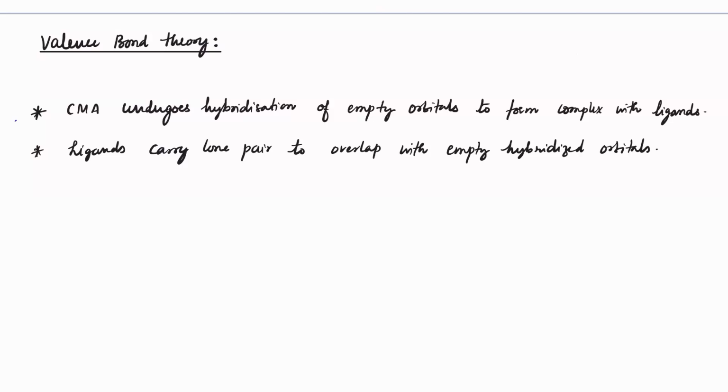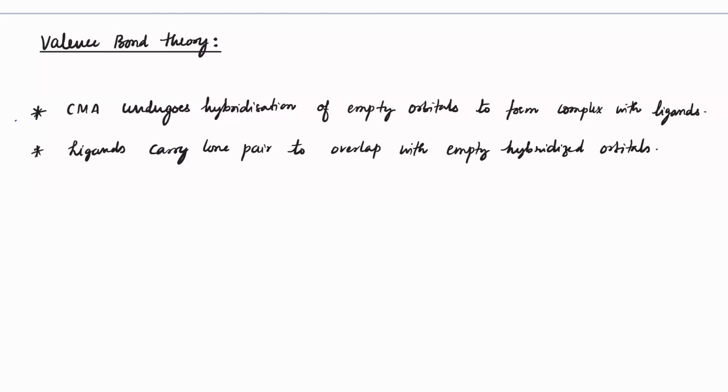Now, when it comes to valence bond theory, what are all the factors we need to notice? First, valence bond theory mainly helps us understand the hybridization of the central metal atom. Unlike chemical bonding, where we make hybridized orbitals using unpaired electrons, mixing the orbitals having unpaired electrons and then making covalent bonds with other compounds, here it's not the case.